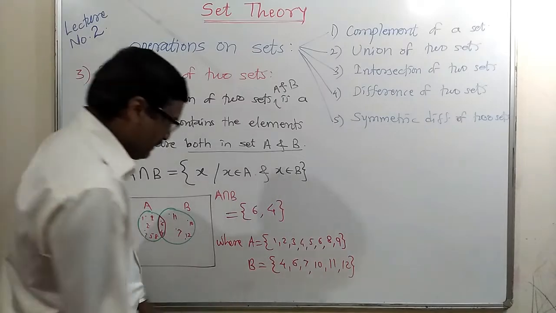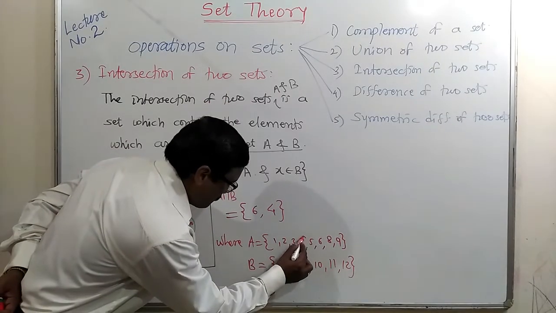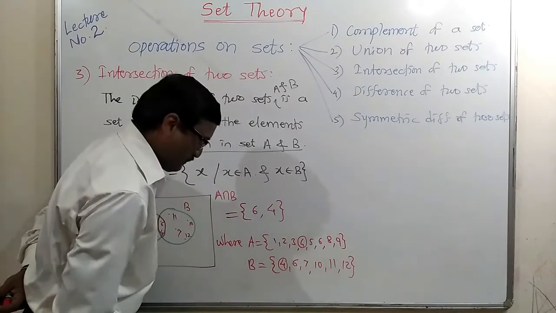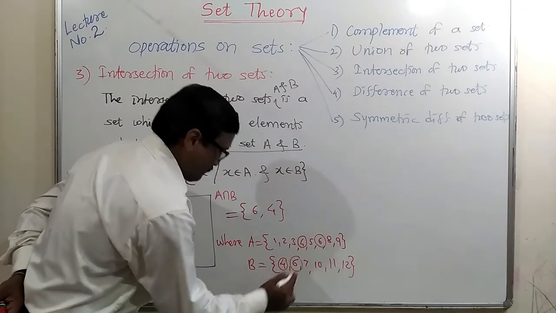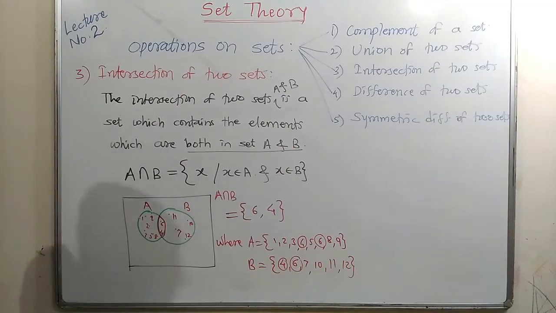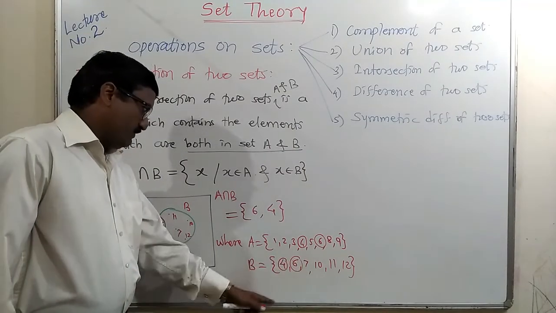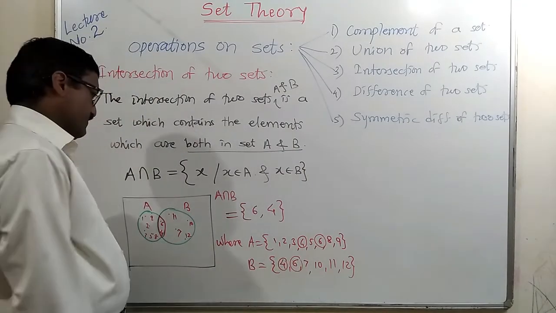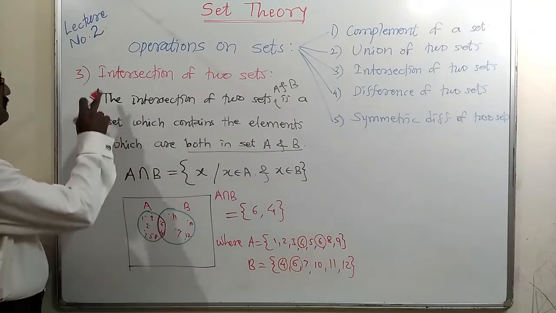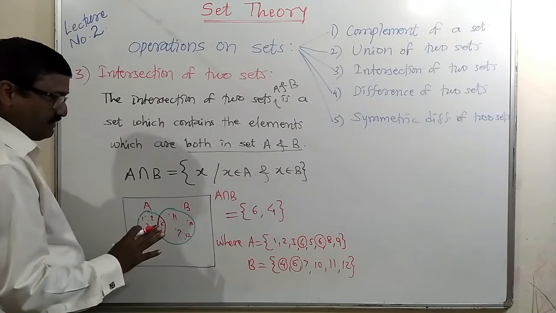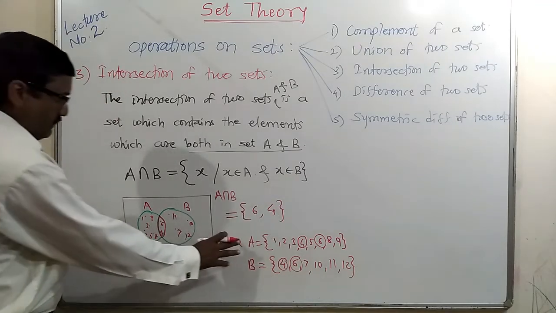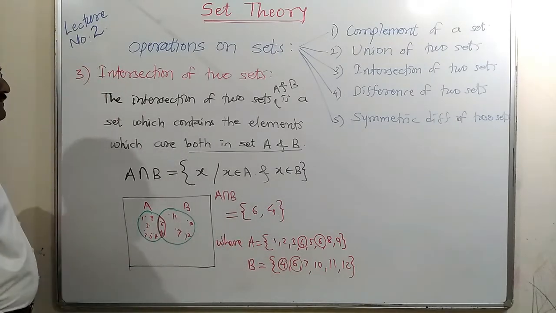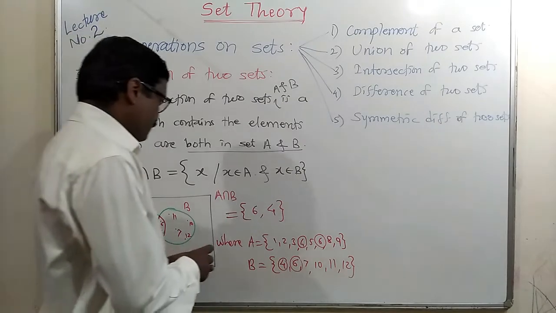These are elements from B. Here 4 is here and here also. 6 is here and here also. Only 4 and 6 are common between these two sets. So the intersection of two sets can be considered as the set of common elements in two sets. Okay, let us see the properties of intersection of two sets.